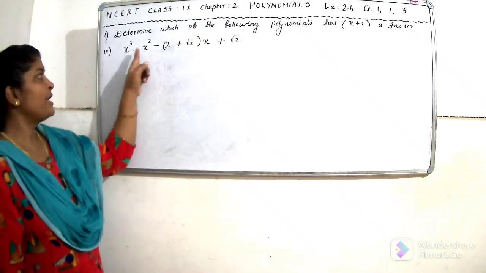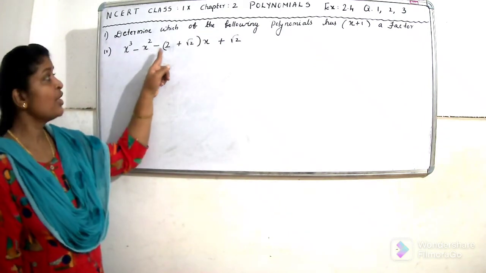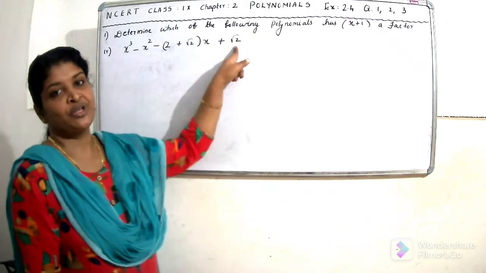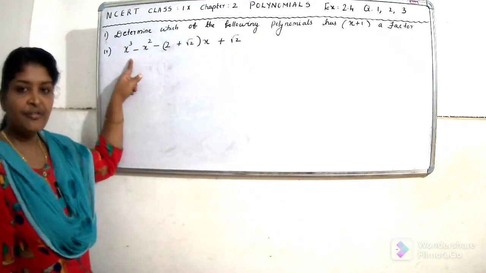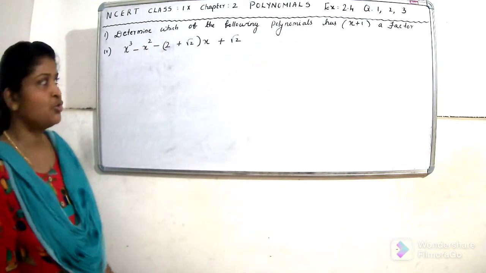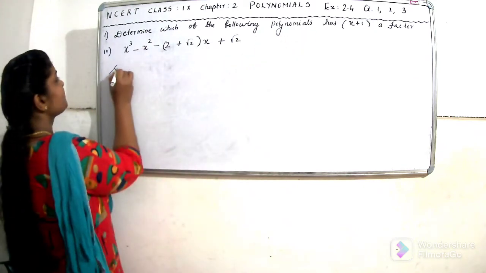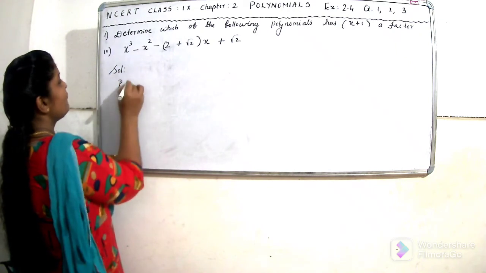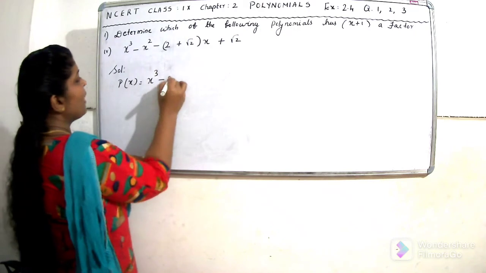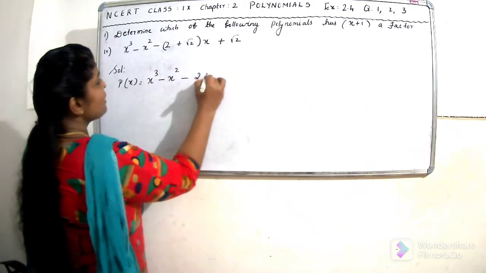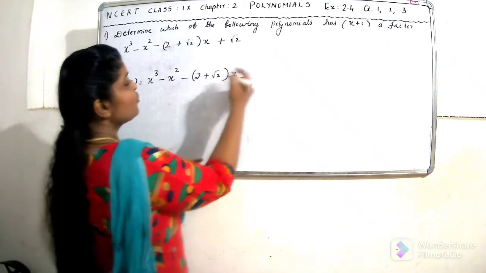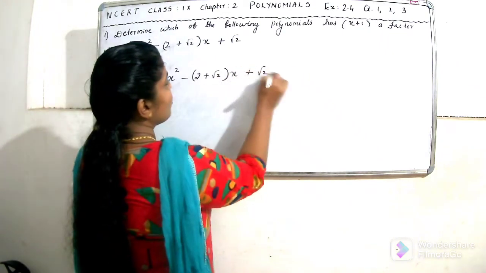x cube minus x square minus 2 plus root 2 into x plus root 2. So this is the dividend. This is the question. We have to check whether x plus 1 is a factor. So the solution: P of x is equal to x cube minus x square minus (2 plus root 2) into x plus root 2.